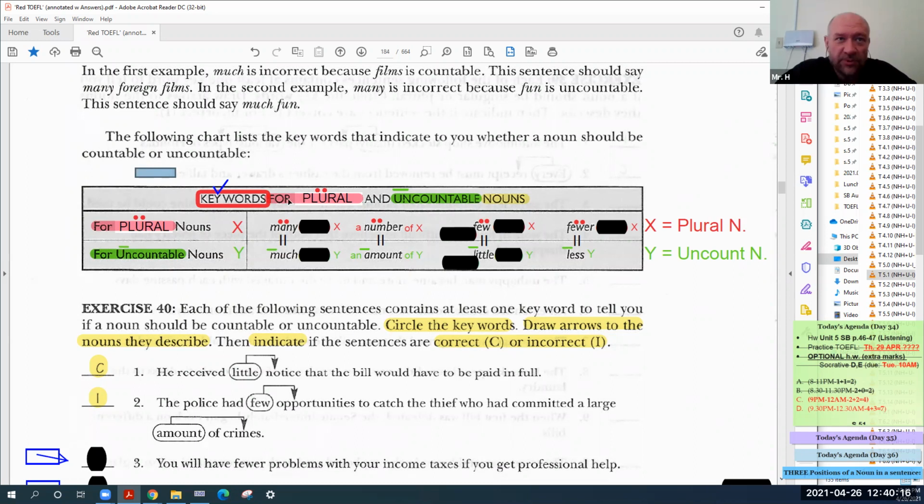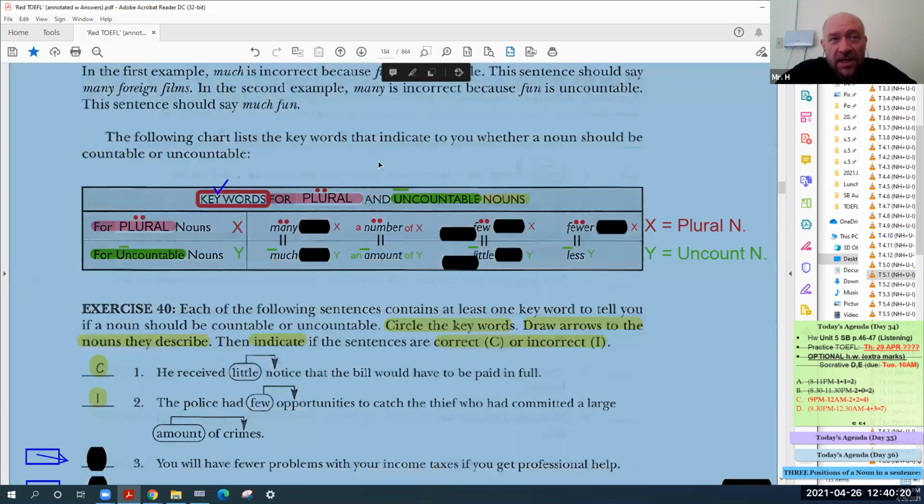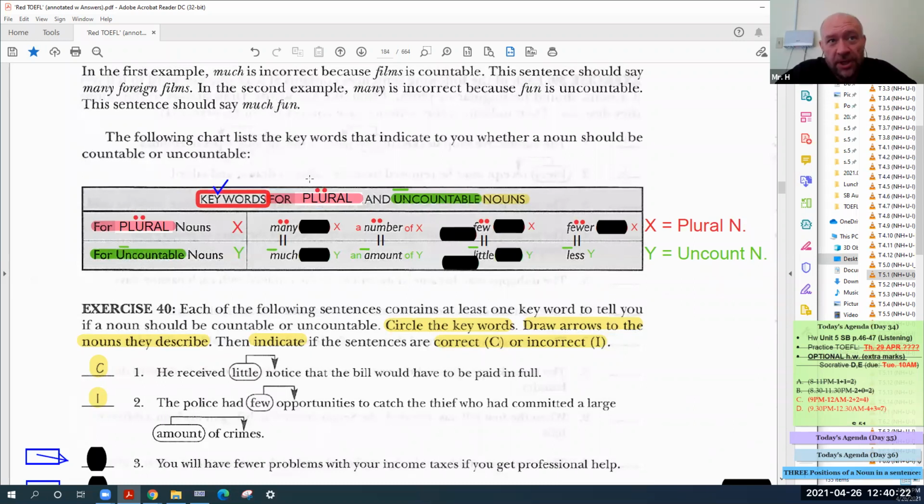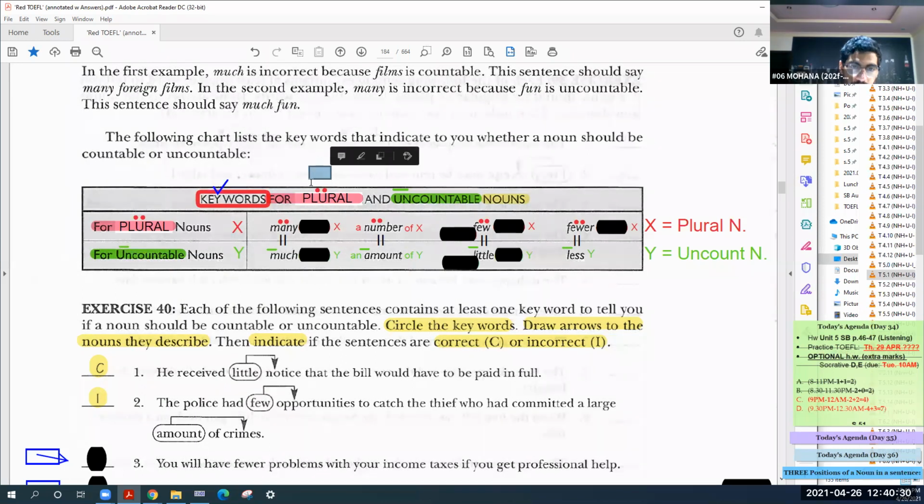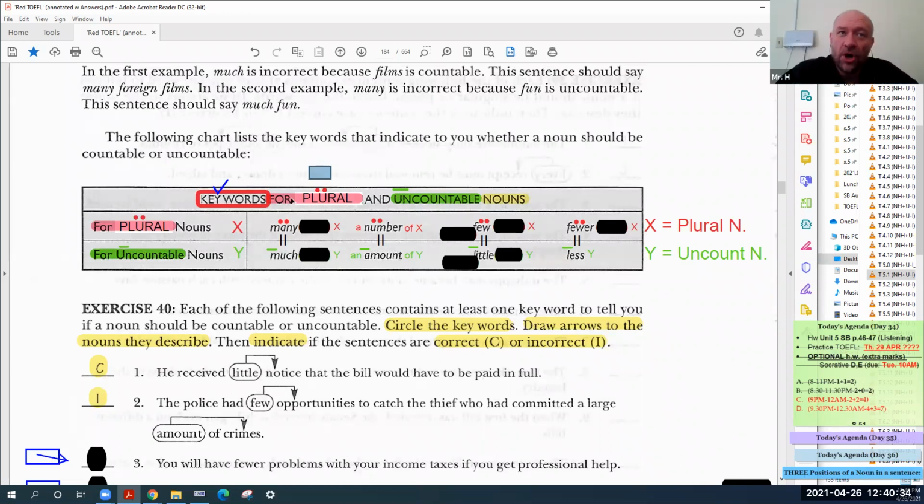So we've got keywords for plural, keywords for uncountable. Now, if you notice, I put here dot dot. Why did I put this dot dot? It's countable or plural. It is countable, but notice in your book it says countable, right?